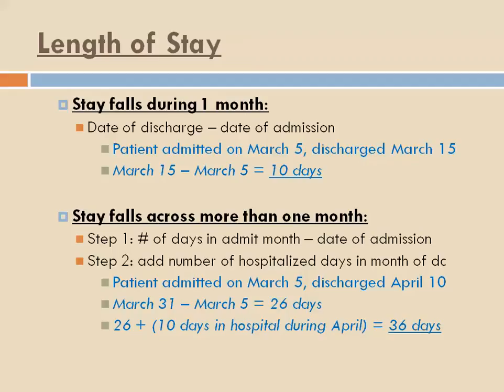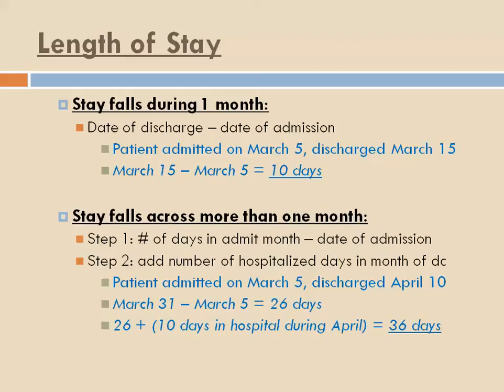So let's look at some examples. Let's say that we have a patient who was admitted to the hospital on March the 5th and discharged on March 15th. Since the stay was contained during 1 month, we're going to take the date of discharge, March 15th, and subtract the date of admission, March 5th, which, 15 minus 5, gives us a total of 10 days.